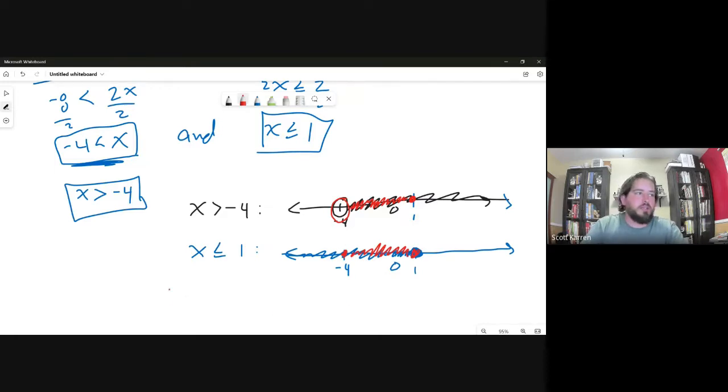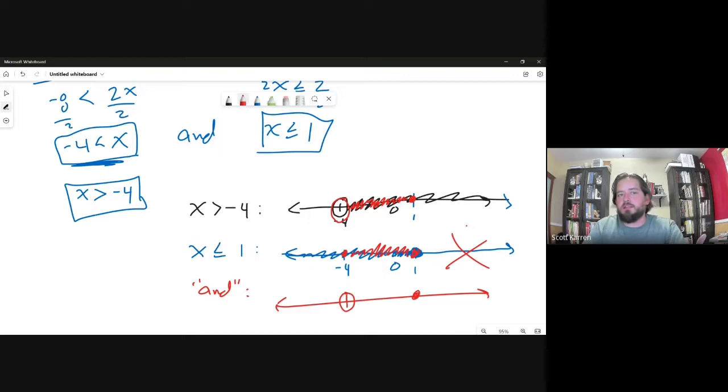And so when I'm putting the intersection of these two together, both of them together, -4 is excluded because it's not a solution to the black one. 1 is included because it's a solution to both, but all of the area to the right is not included. All of the area to the left is not included, so it's just between those two values.